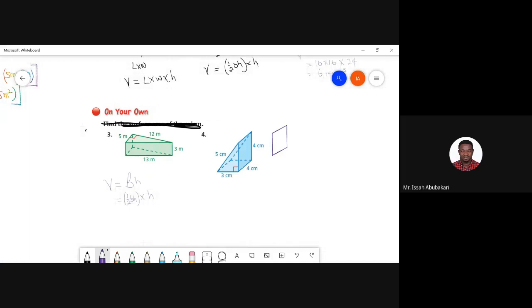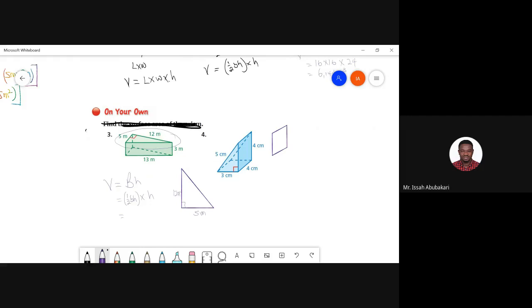Now you realize that when you resketch this part of the figure, you're going to get something like this. With this, the base of the triangle is 5 meters, and the height of the triangle is 12 meters.